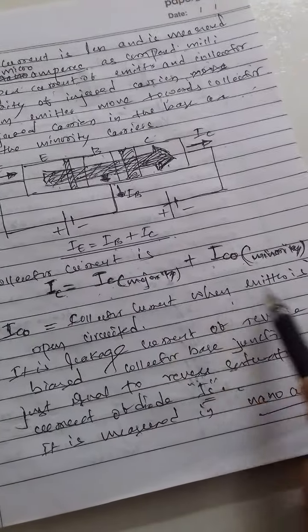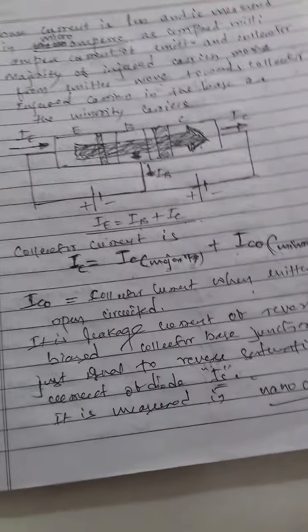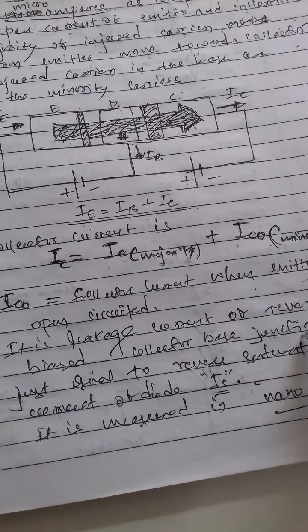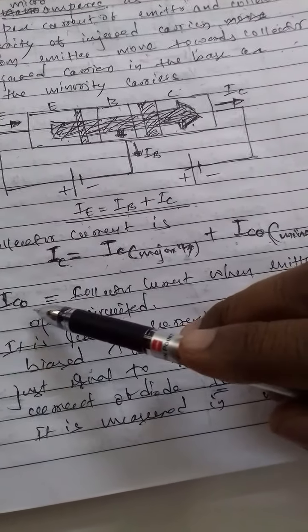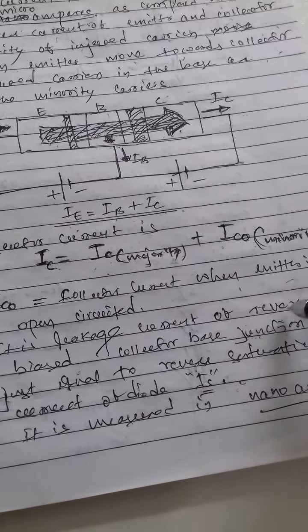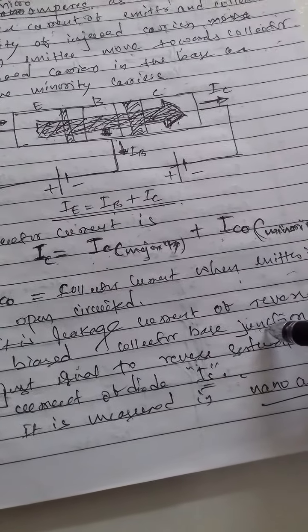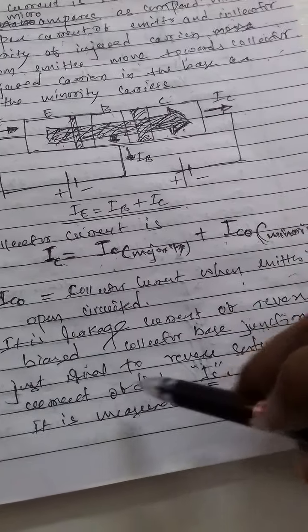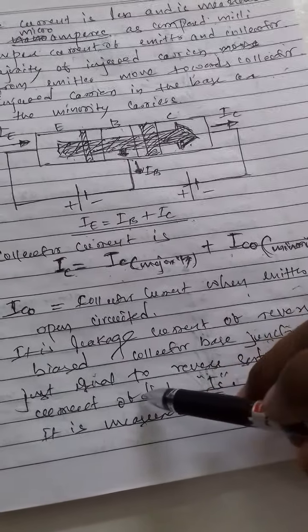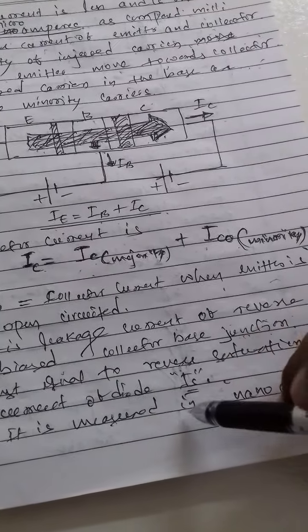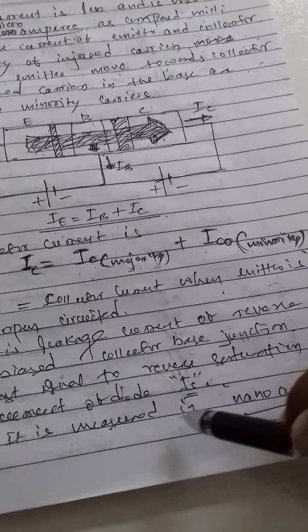ICO is the collector current when the emitter is open circuited, so it is the leakage current of the reverse biased collector base junction. It is just equal to the reverse saturation current of a diode, that is IS.